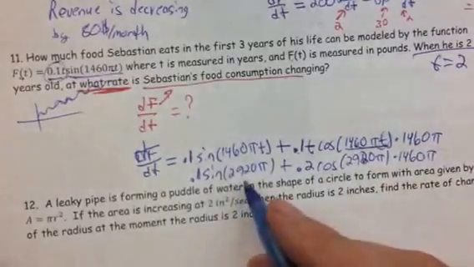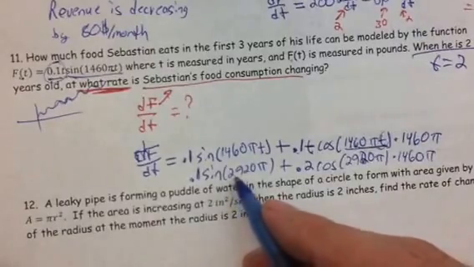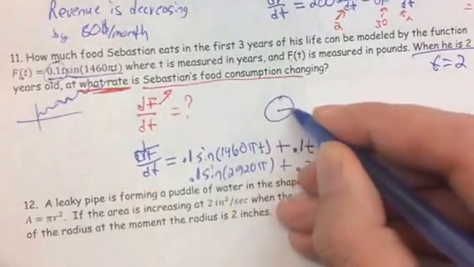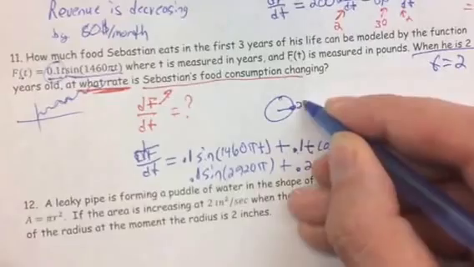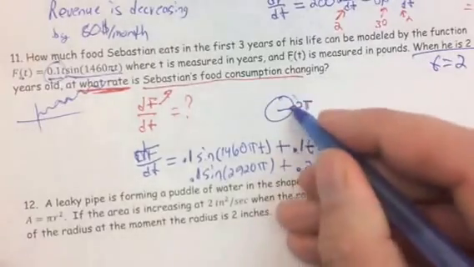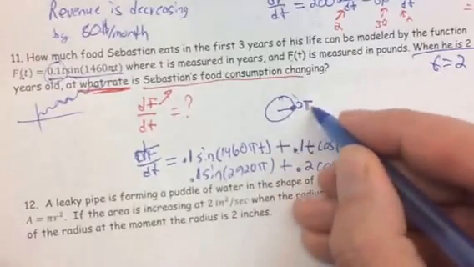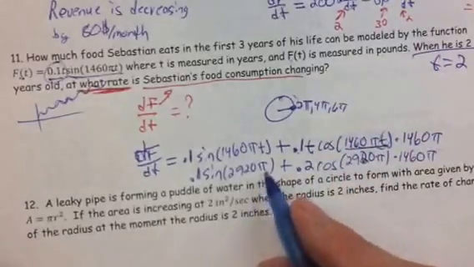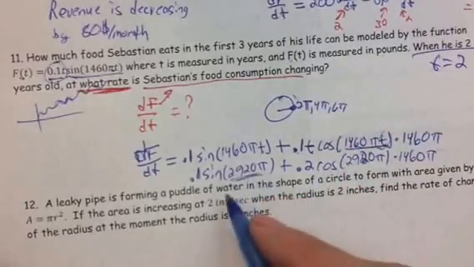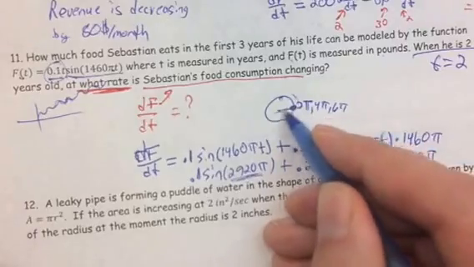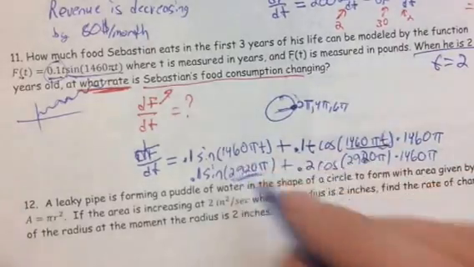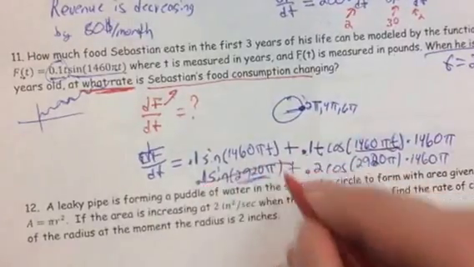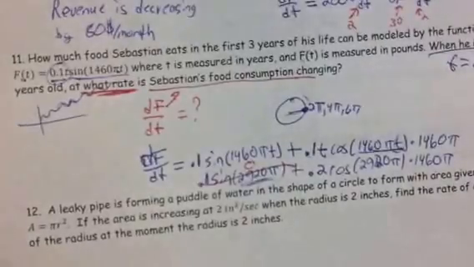Okay, now we have to know some trig. Sine of 2 pi is 0, and every time you go around again, it's an extra 2 pi. So 2 pi, 4 pi, 6 pi. If it's an even number of pi's, sine of that will be 0 because you're at the same place. Sine here is 0. So this whole thing is 0.